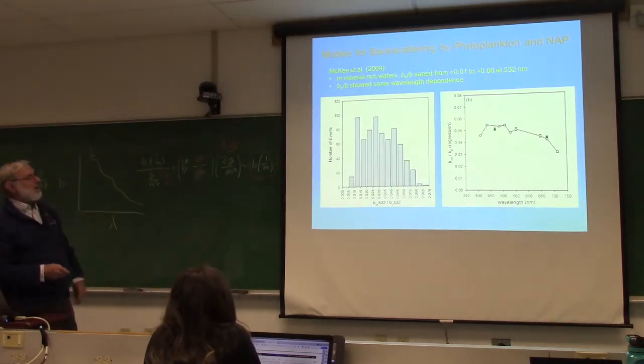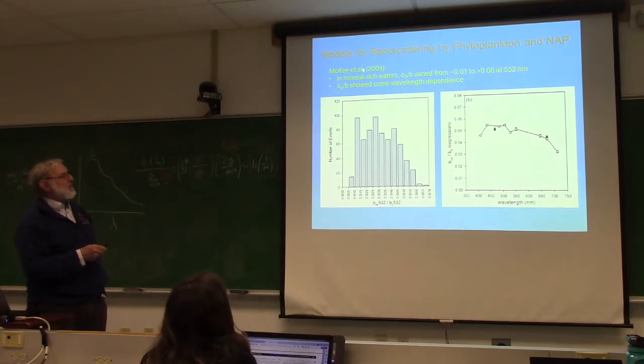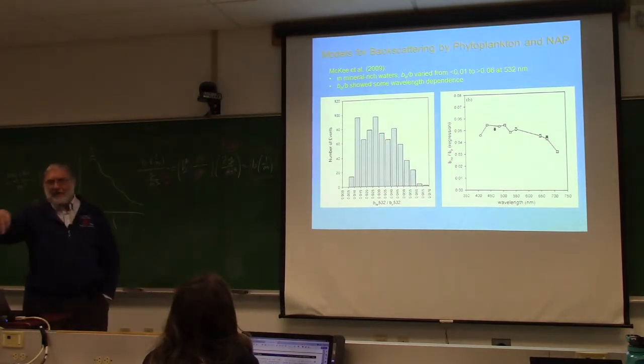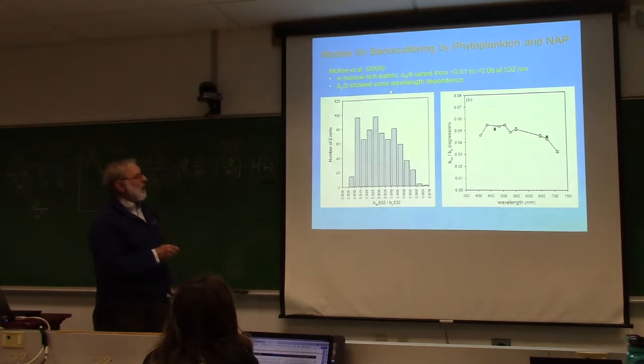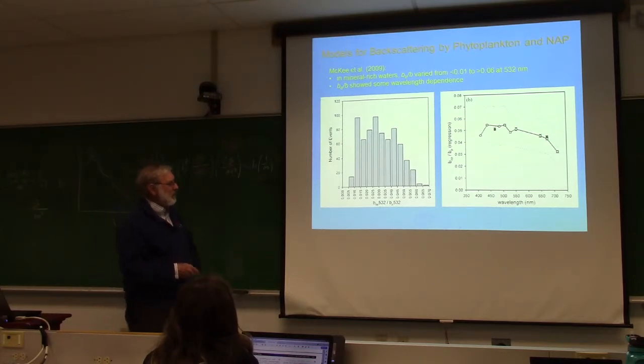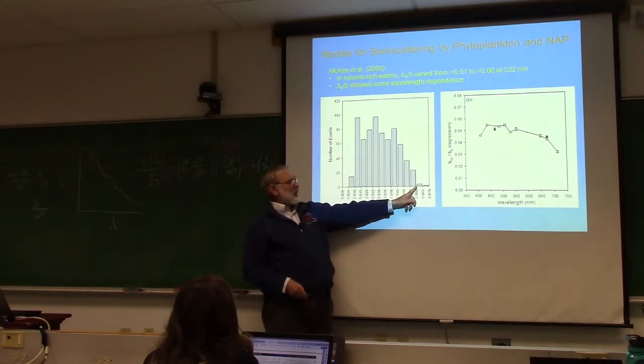Okay, here's David McKee. He did some more measurements of backscattering by phytoplankton and non-algal particles. Now he's Scottish, so he went running around in the Irish Sea and the North Sea somewhere in this paper. And here he comes up with the backscatter fraction at 532 and it's anywhere from about 0.01 to about 0.06.